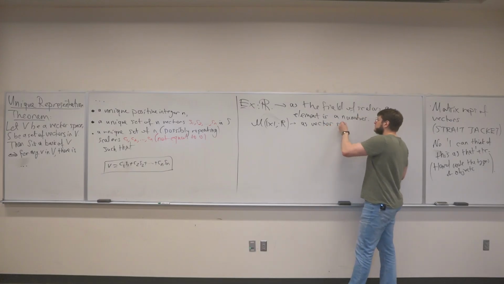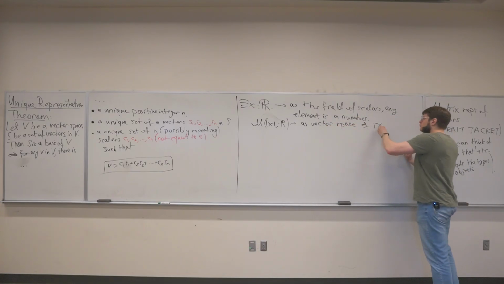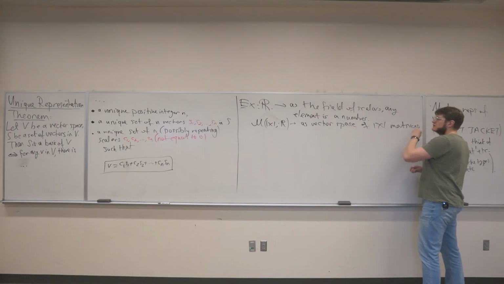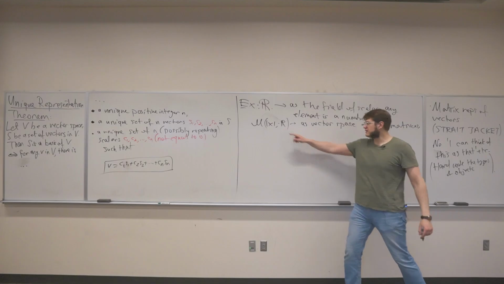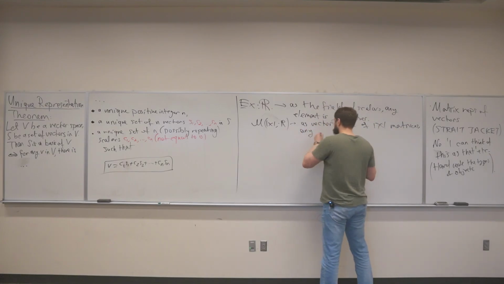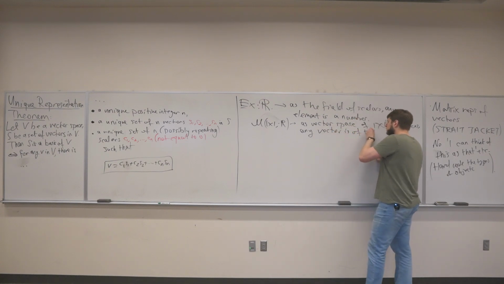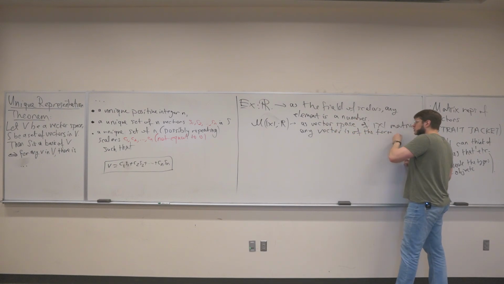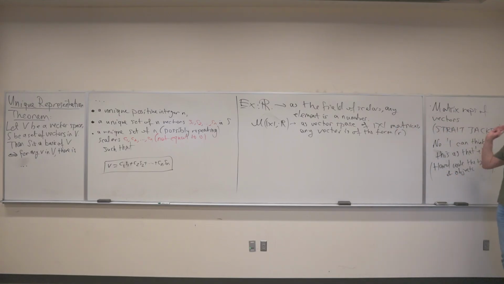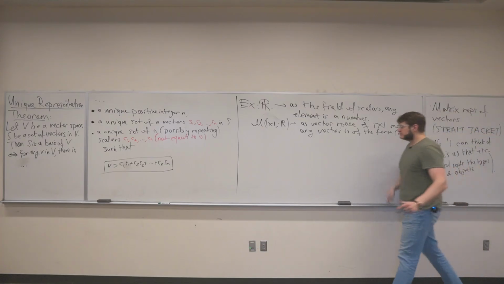As a vector space of 1 by 1 matrices, any vector here is of the form open paren, some number in R, close paren. Okay, I'm going to be very specific about notation for a while. R, some arbitrary number.